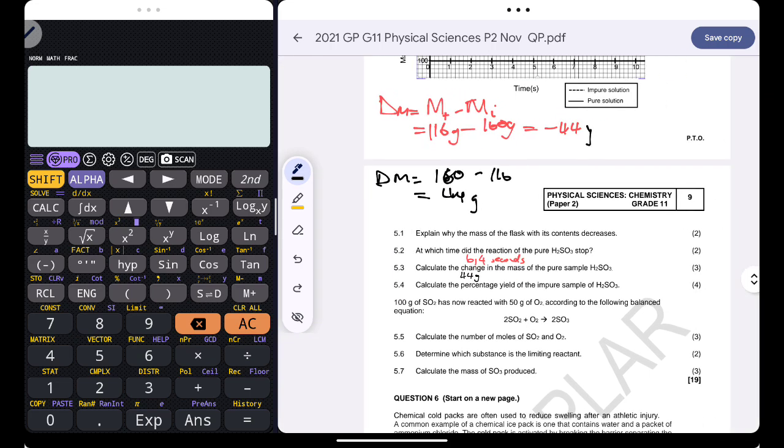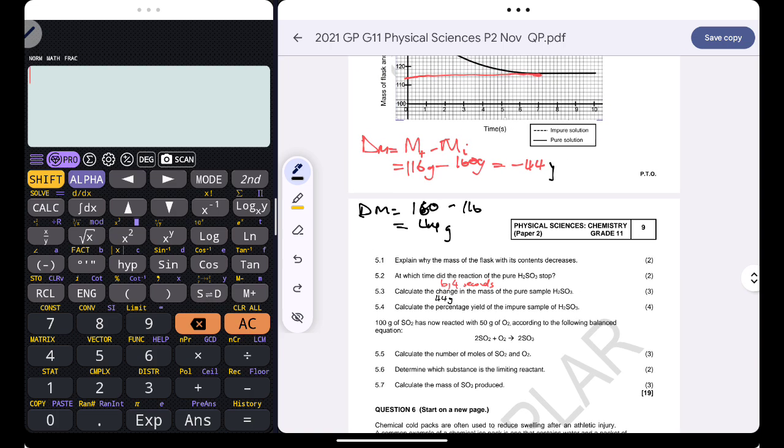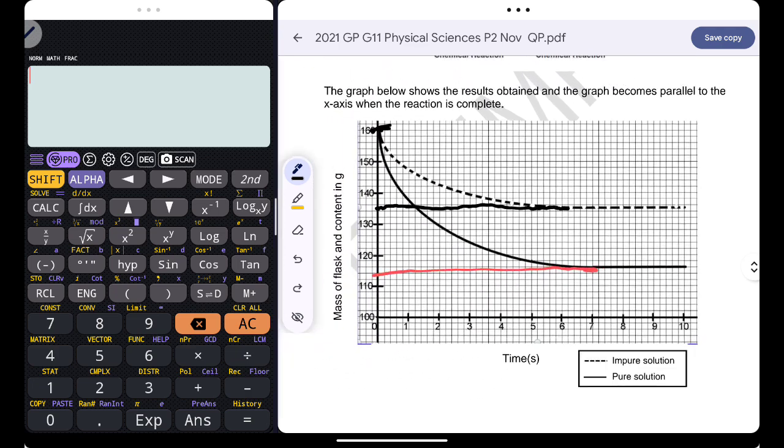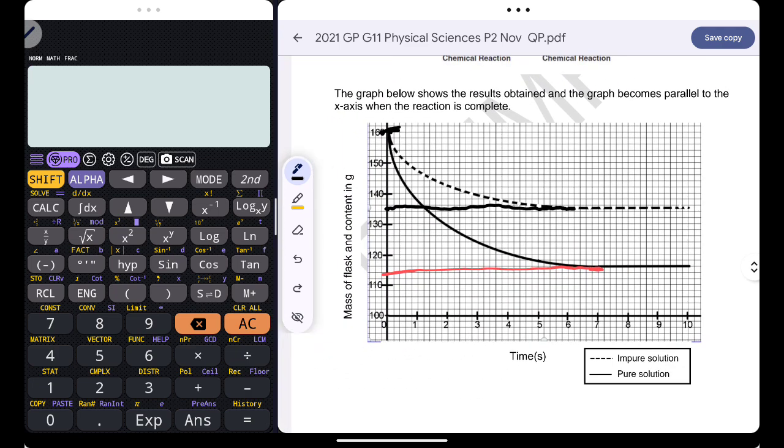Okay, they want us to find the percentage yield of the impure. For us to find the percentage yield, we must find the change in mass of the impure first. It started as 160 there, and it ended up as 135, because you can see that the parallel lines are between two numbers, which is just 134 and 136.